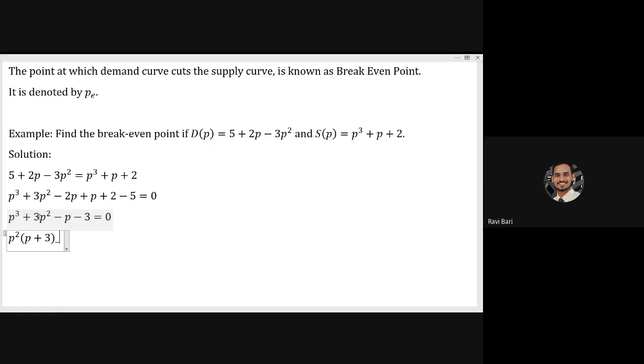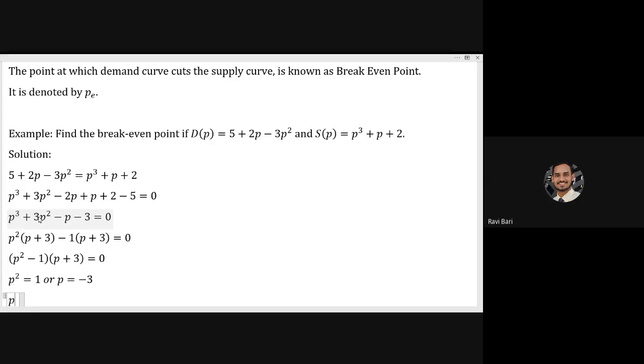From the last two terms, you can take minus 1 common, and you will get P plus 3. And this is equal to 0. So that means we have P square minus 1 and P plus 3 is equal to 0.